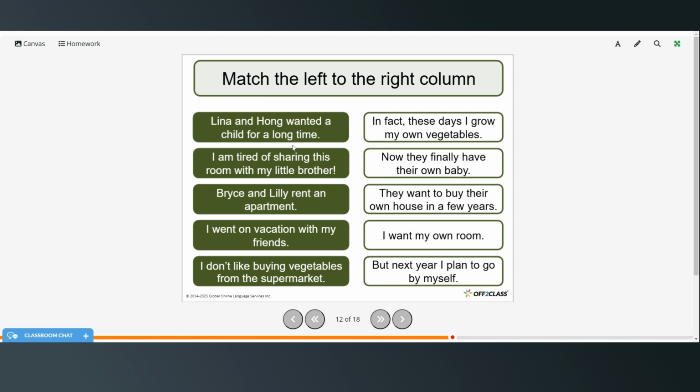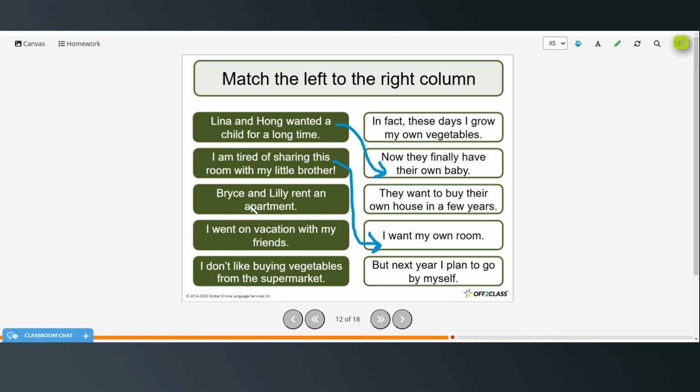All right, so now you're going to match the left to the right column. So Lena and Hong wanted a child for a long time. Now they will finally have their own baby. I'm tired of sharing this room with my little brother. I want my own room.